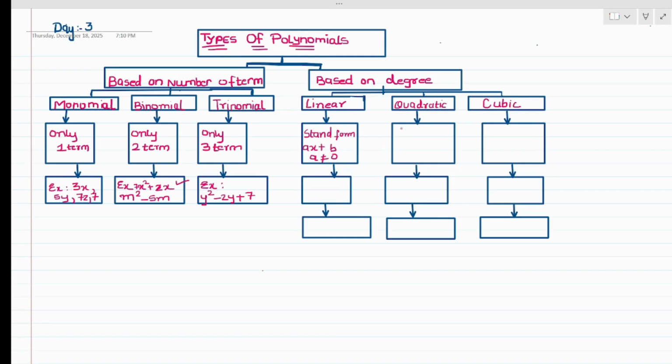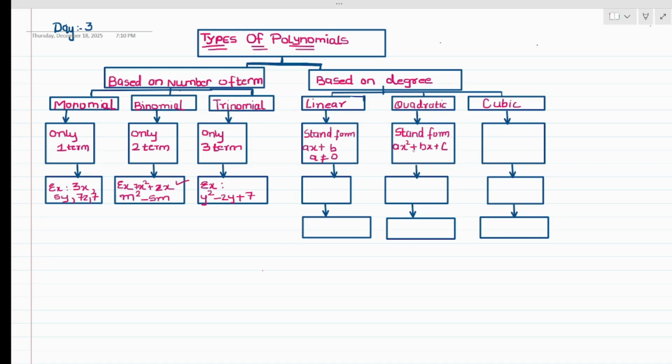Second standard form is for quadratic equation. Standard form for quadratic equation can be written as ax square plus bx plus c.